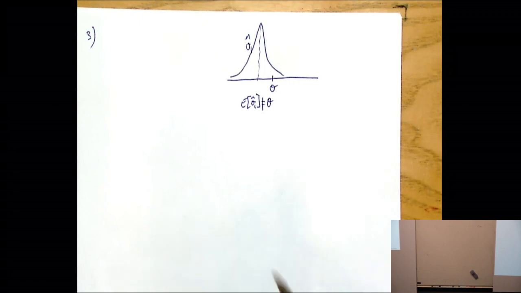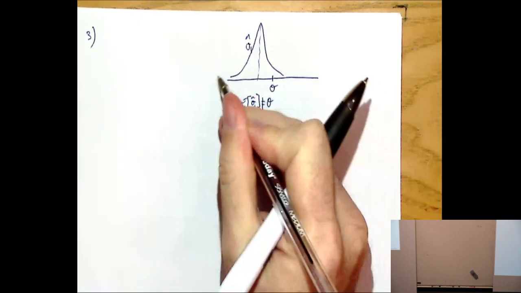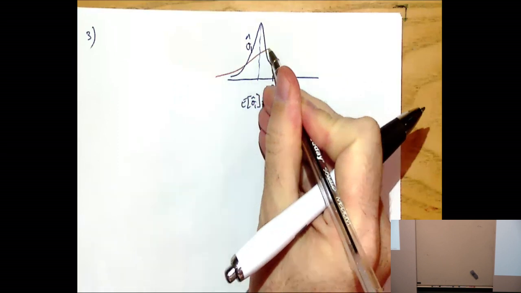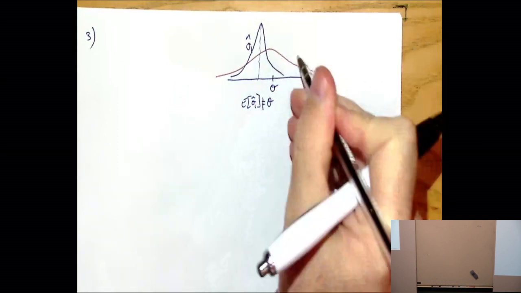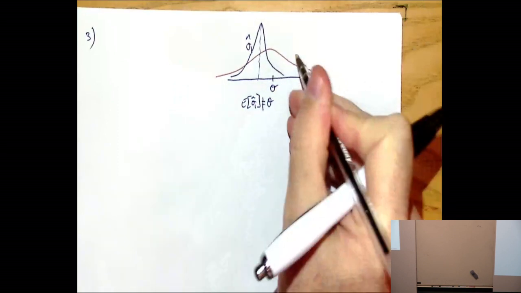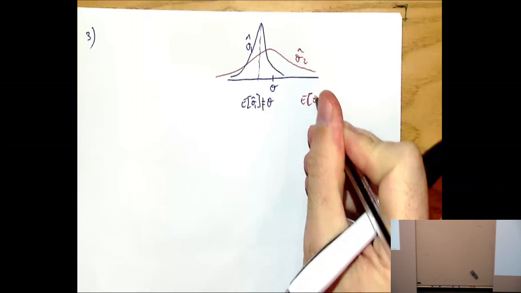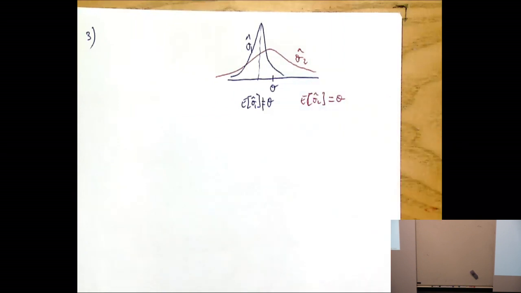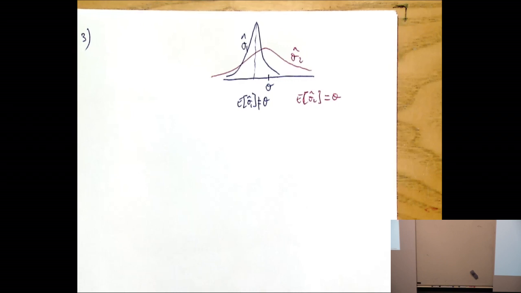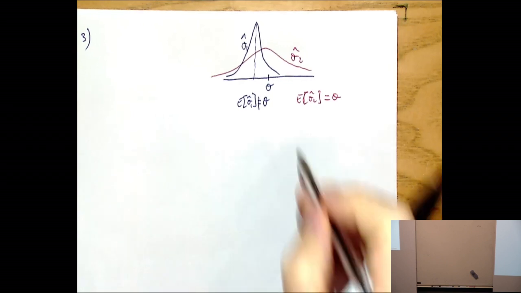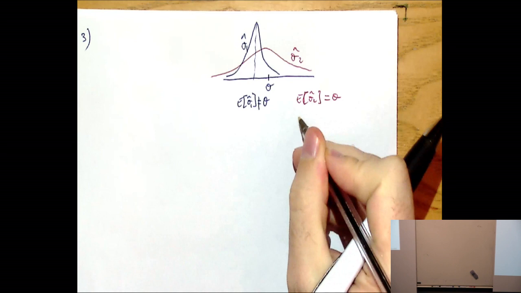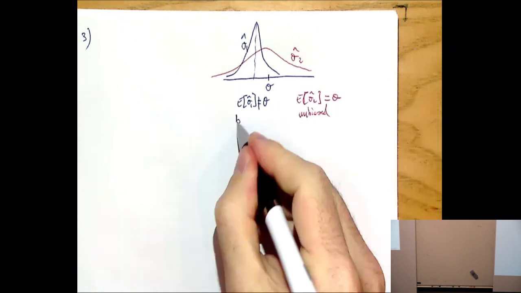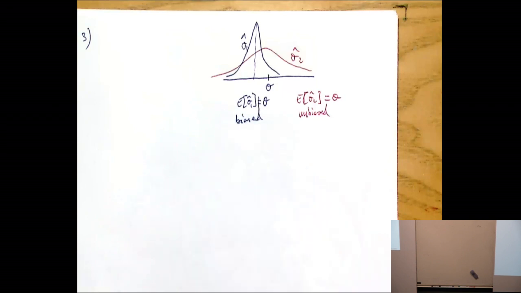But you have another estimator, theta 2 hat, such that expectation of theta 2 hat is equal to theta. So that means the red one is unbiased, but the blue one is biased, right?